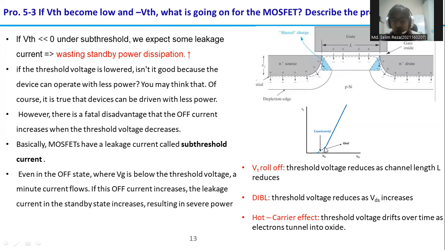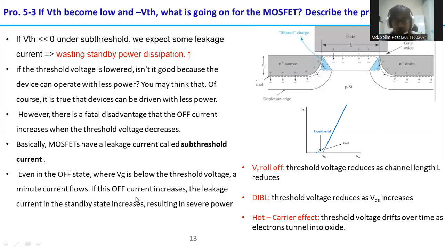That means if we go to the negative region of the threshold voltage, the off current, that means the leakage current, will increase. So if the threshold voltage decreases, basically the MOSFET has a leakage current that is called the sub-threshold current. So in the off state, the VG, that means gate to source VG, is lower than the threshold voltage, a minimum current flows.